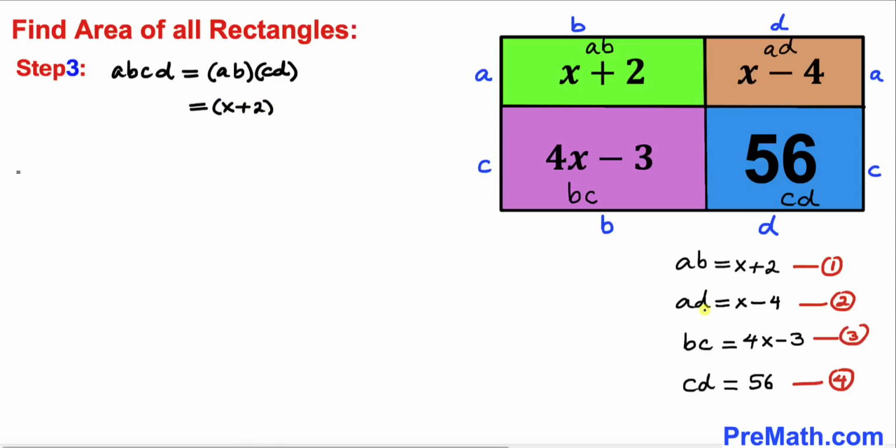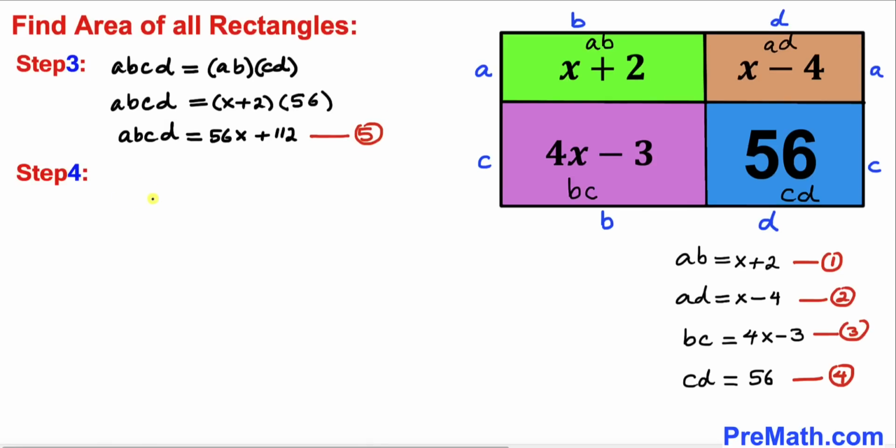And our CD value is 56 from equation 4. Times 56. So let's distribute them. Therefore, our ABCD value turns out to be 56x plus 112. Let me call this our equation number 5.